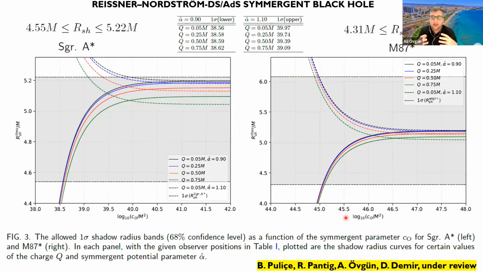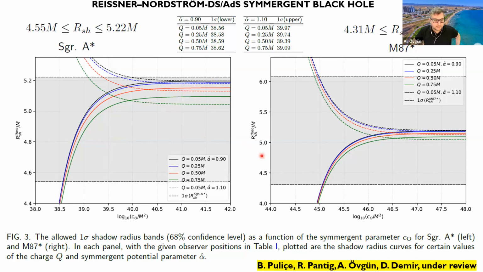Similarly, in our other recent paper, we construct a charged Symmergent black hole, and this paper is also under review. Here we check what happens if we add an additional charge to the shadow of the black hole and also the lensing. You can see that the allowed 1 sigma shadow radius band is in the 1 sigma region, and it is in the allowed region for these values.